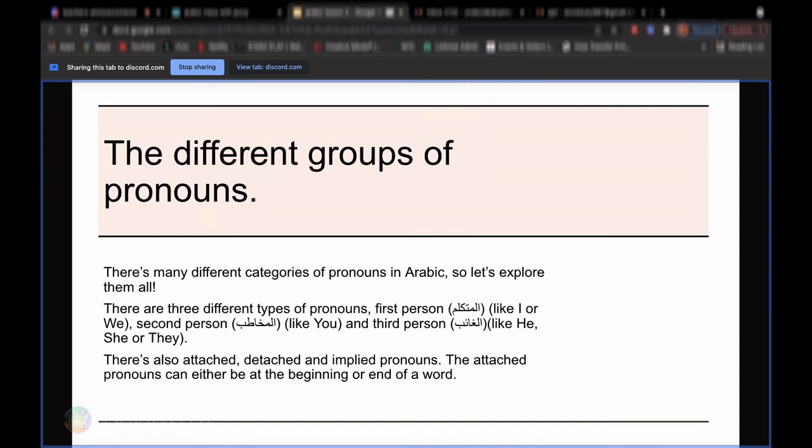But yeah, there's attached, detached, and implied pronouns. Implied basically means that it can be a word that looks like another word, but it has a pronoun.